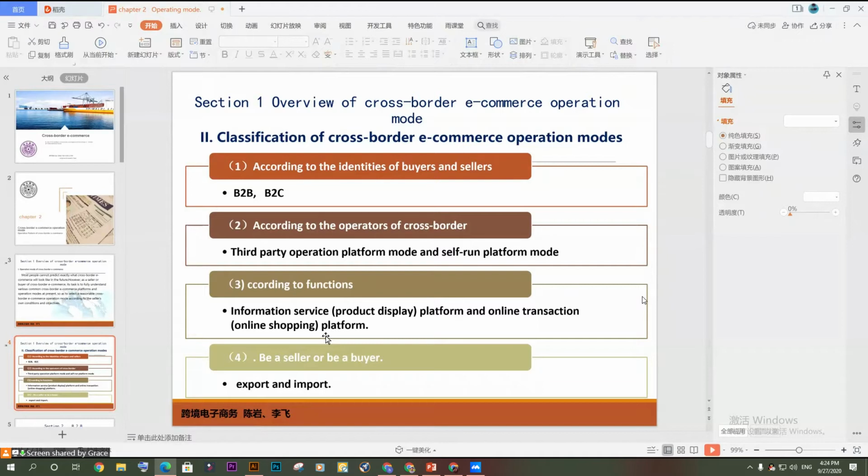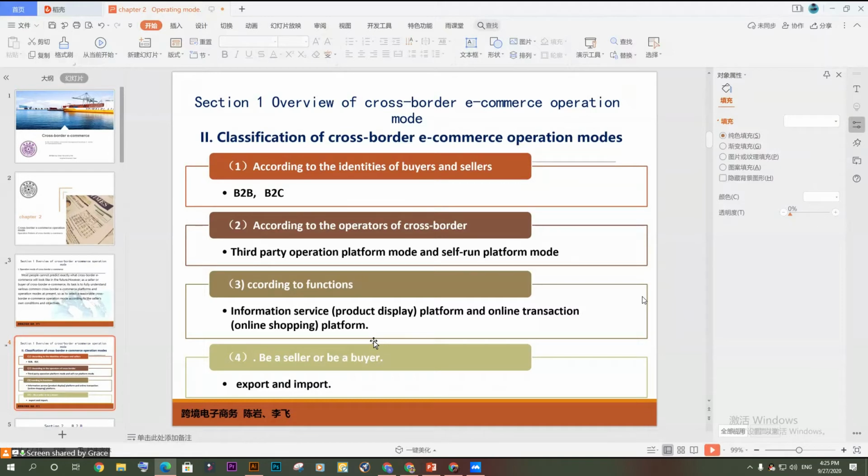And if we like some of them, I can just place my order online, we can send messages to the seller, and I can pay online. So this is the online transaction or online shopping platform. So they are different too. I think this is easy for you to understand.